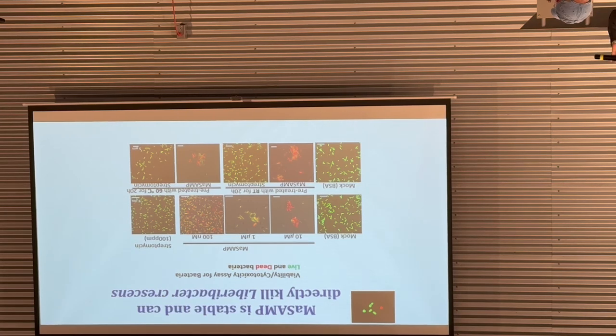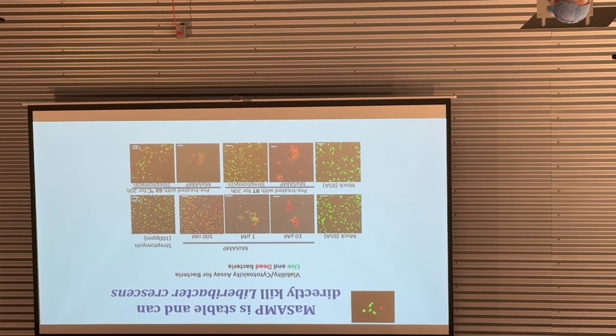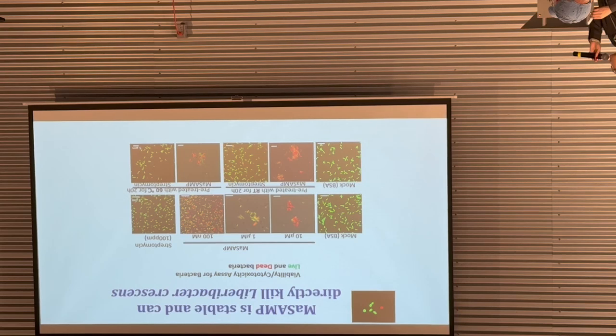Okay, this is just some results. This is a picture of the germs, the CLas, where the red color represents dead bacteria and green color is the living ones. We incubate them with the peptide at different concentrations, and also heat the peptide, and we can see the peptide can kill the bacteria.